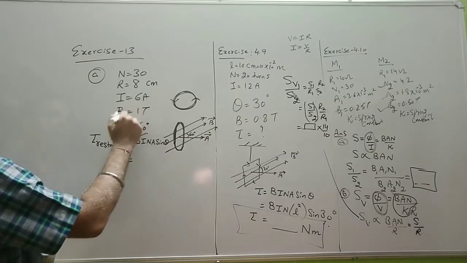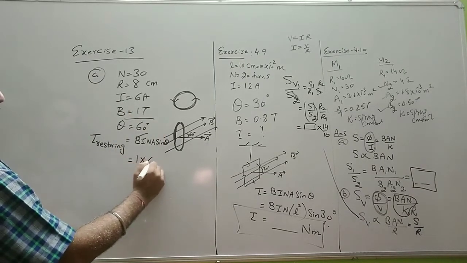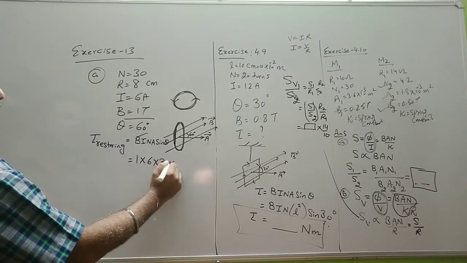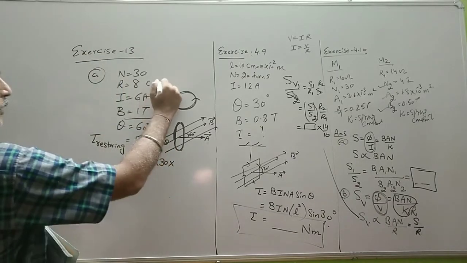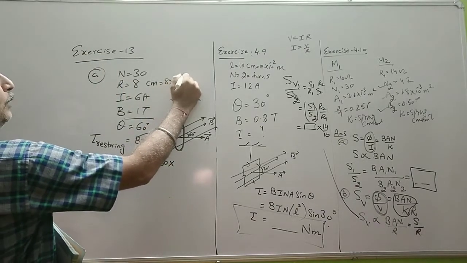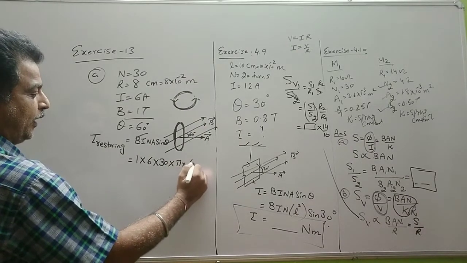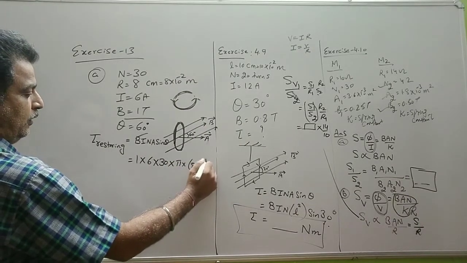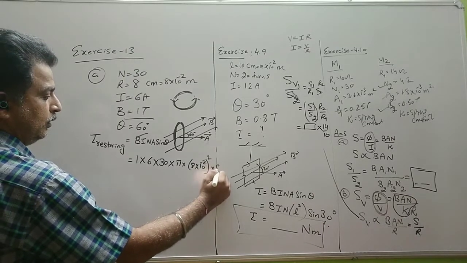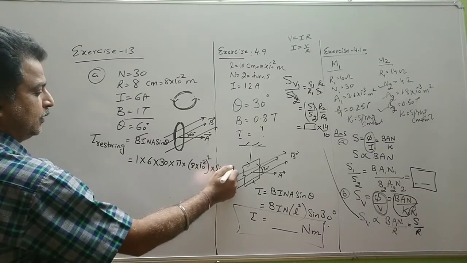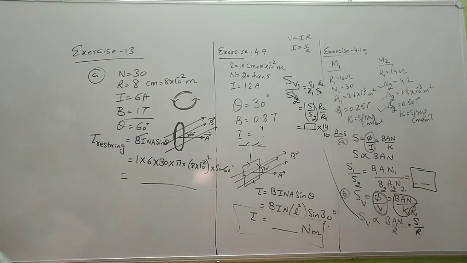B we have here 1 Tesla, current 6, number of turns 30, radius is given, that is 8 into 10 raised to minus 2 meter, and it is a circular coil, so pi r square into sine of 60. So you substitute this value and find out the restoring torque.